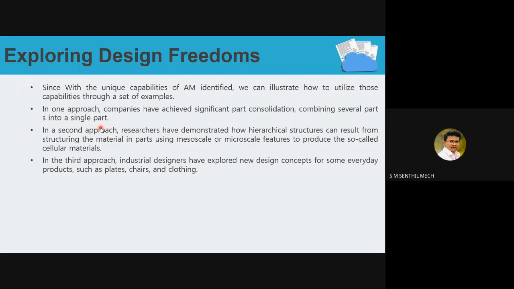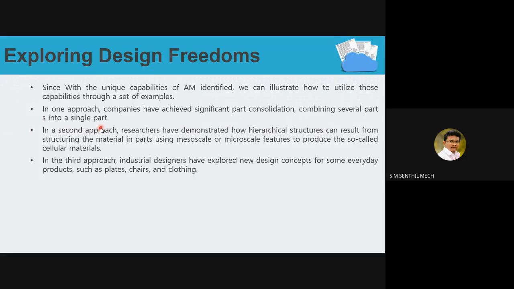If you want to make two or more operations, you have to go for a separate machine for each operation. But with additive manufacturing, a single machine is capable of achieving all the processes that could be done collectively by a group of conventional machines. So you have the freedom to design whatever comes to your mind, and you can explore the design freedoms available with additive manufacturing machines. That is what they are trying to say.